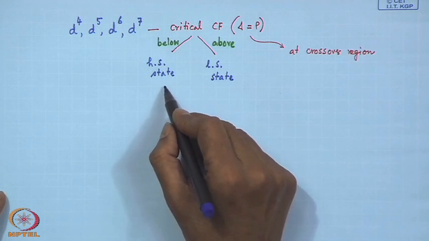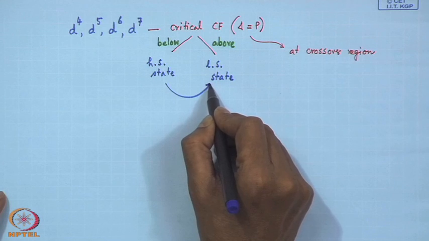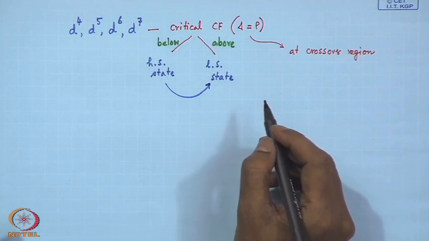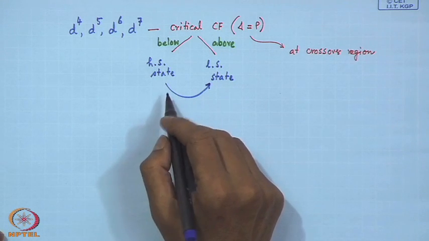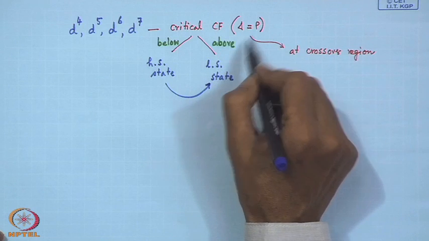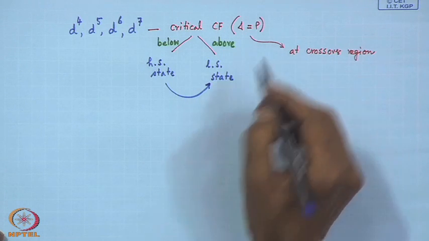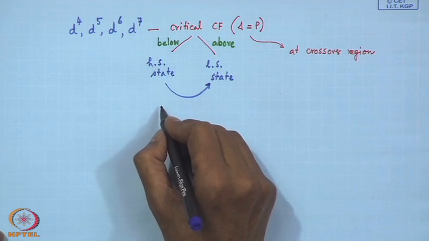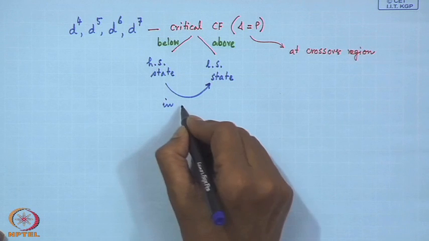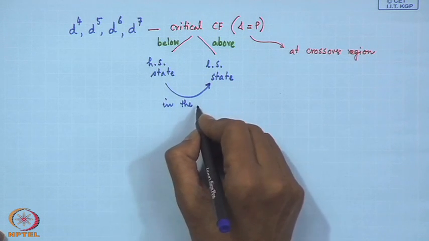At this particular point we can have a crossover, and this crossover region can be found where delta is close to P, which is in the range of thermal energy, that means kT.